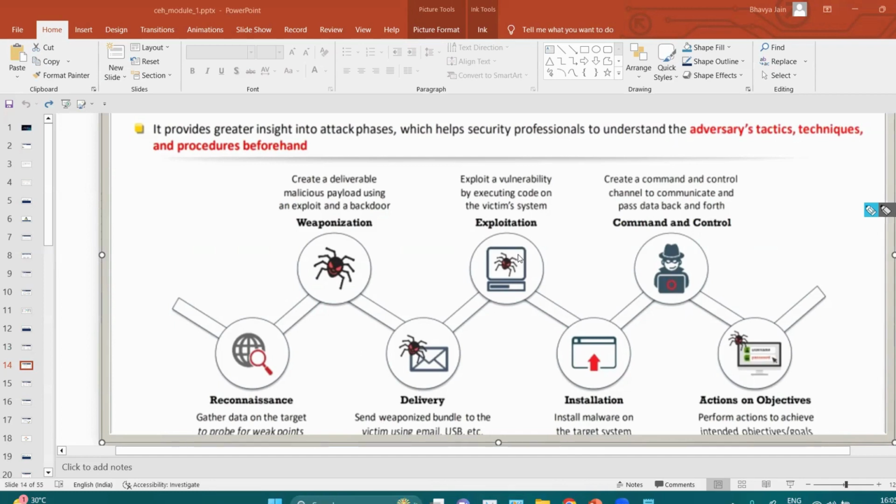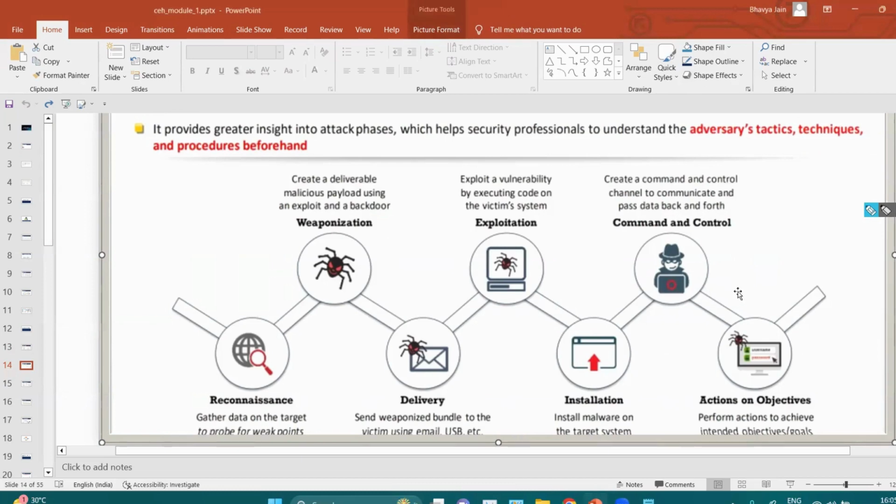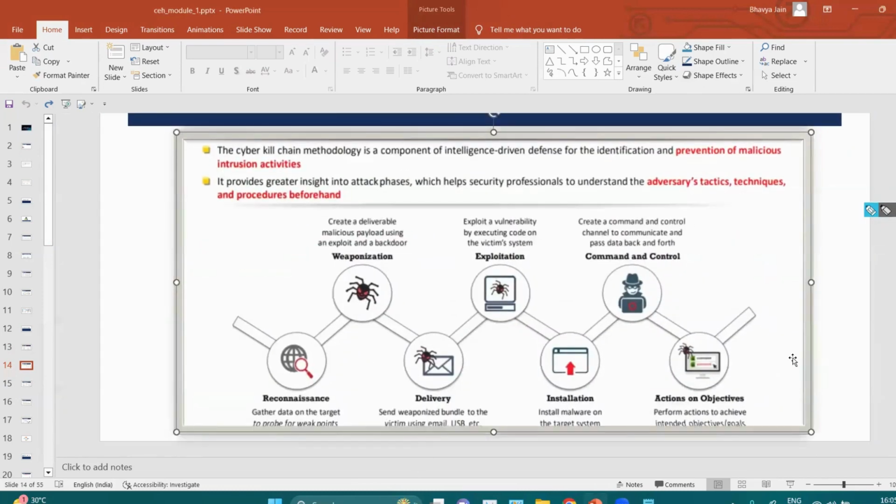Then there's installation, which is installing further malware inside the same machine, so that you can take control over the machine. For example, you have created a malware which will further download another malware on the victim machine.